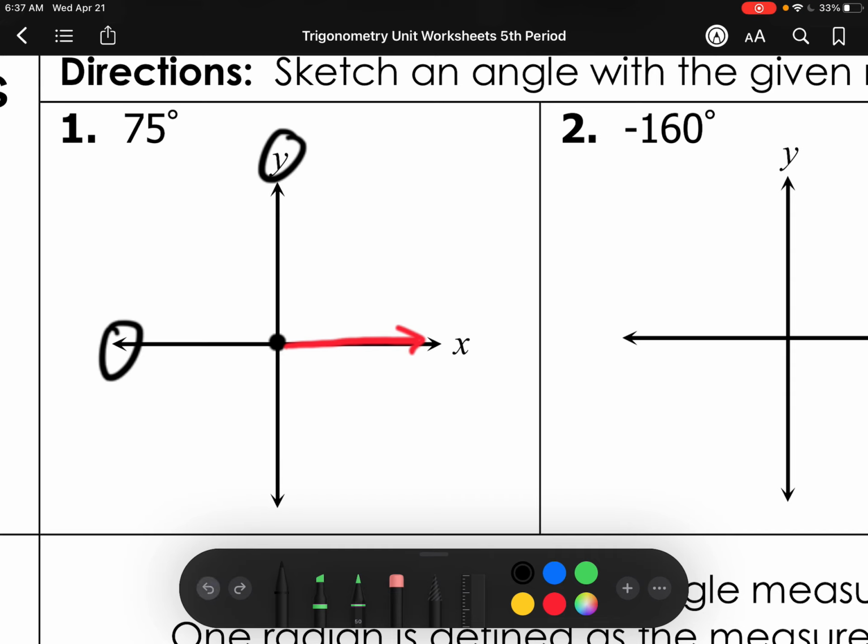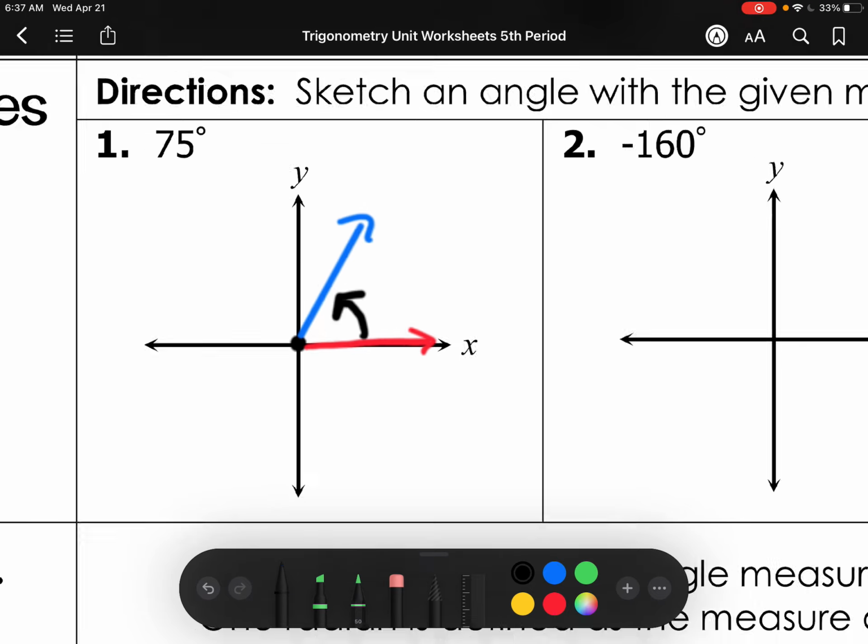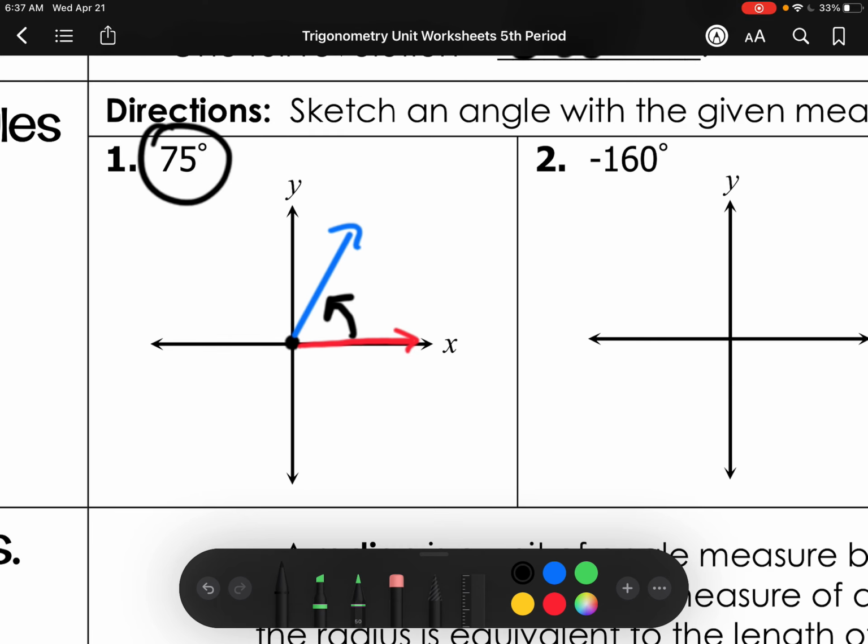Since the positive y-axis is 90 degrees, we know that it has to be between the positive x-axis and the positive y-axis. I'm going to estimate that 75 degrees is somewhere around here, and again, it doesn't have to be exact. The rotation was in this direction, which is what makes it positive 75 degrees. If it was negative 75 degrees, you would want to go in this direction.